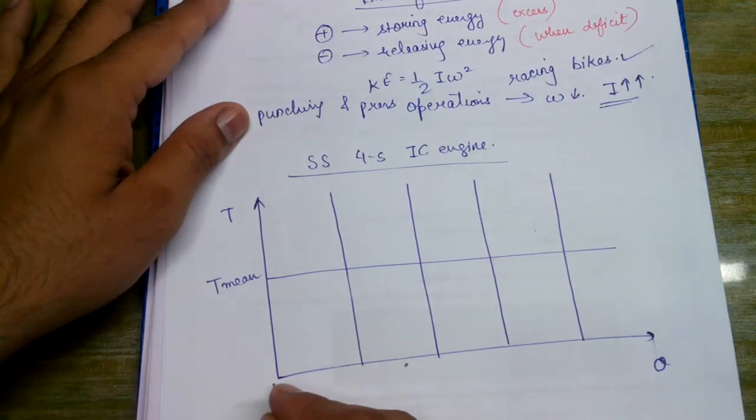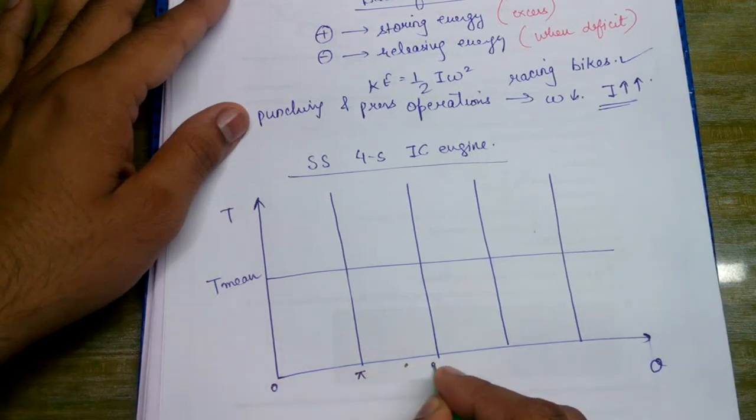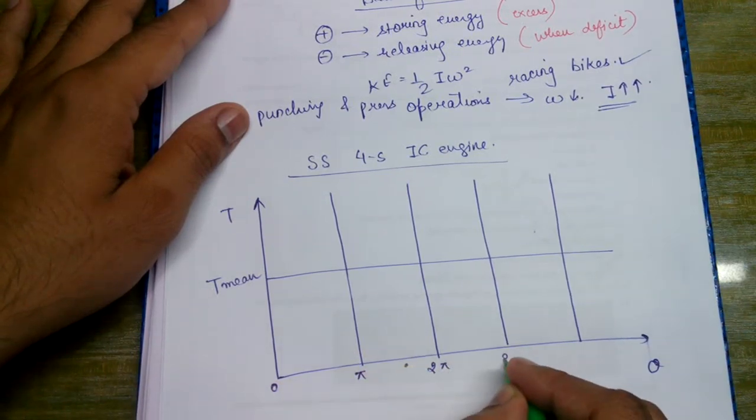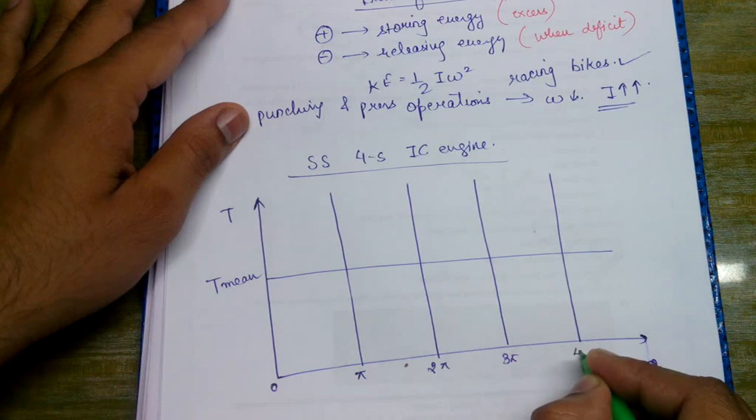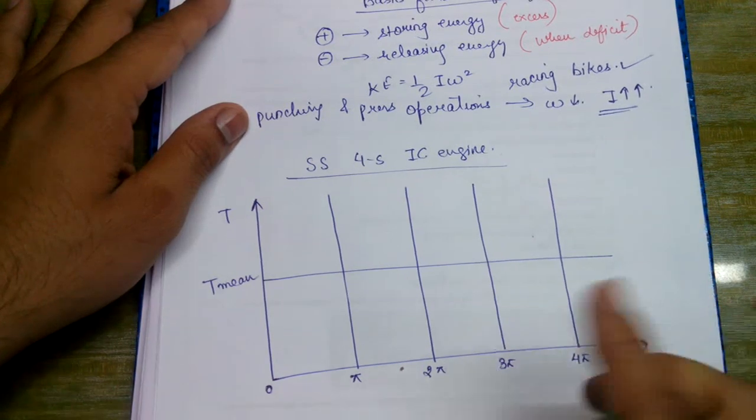Okay, so this angle would be 0, this is pi, this is 2 pi, this is 3 pi, and this is 4 pi.